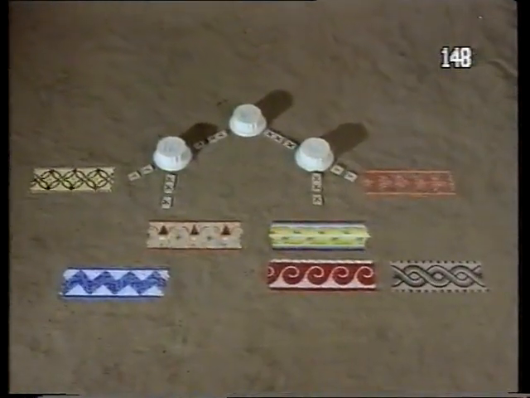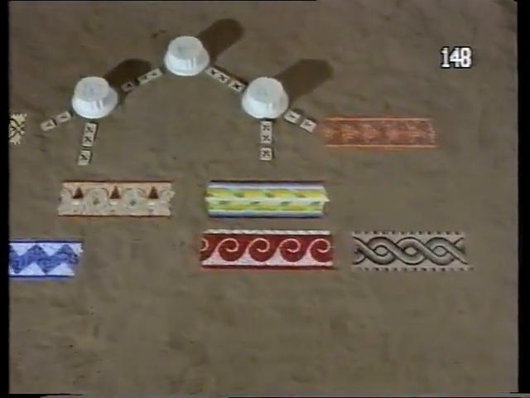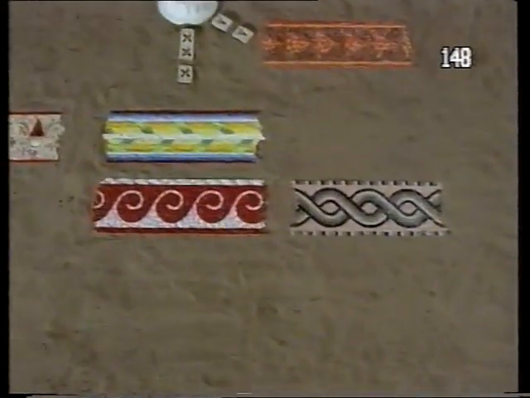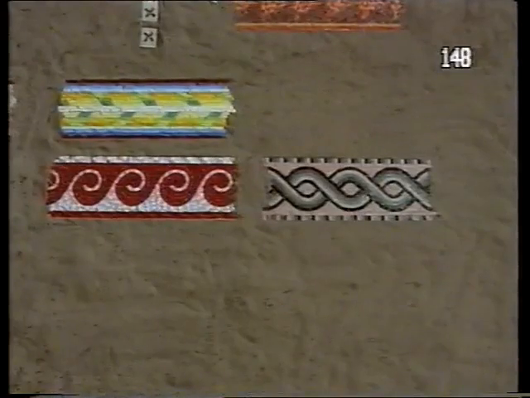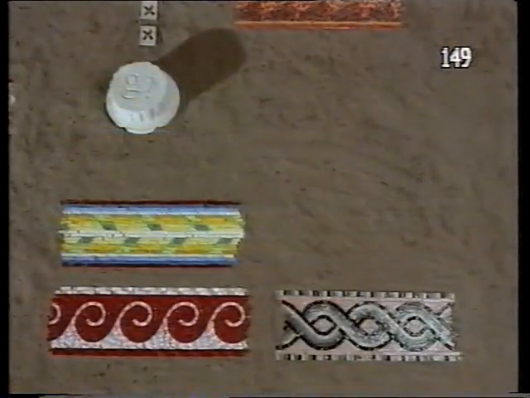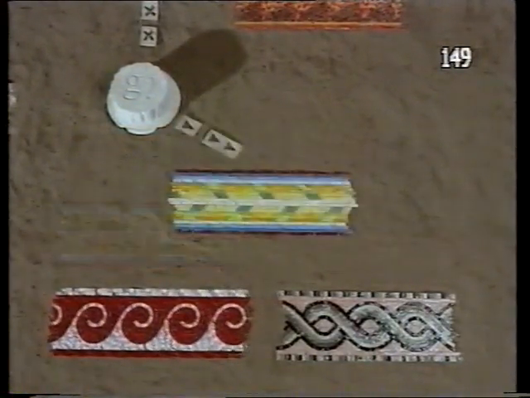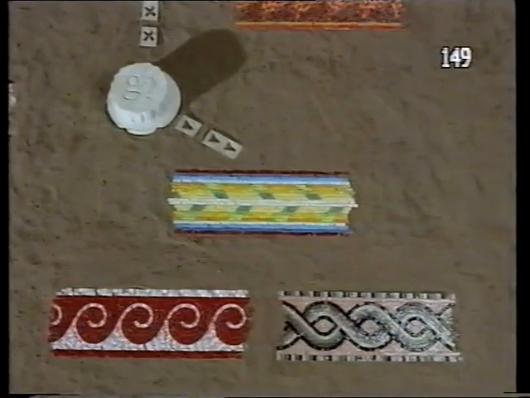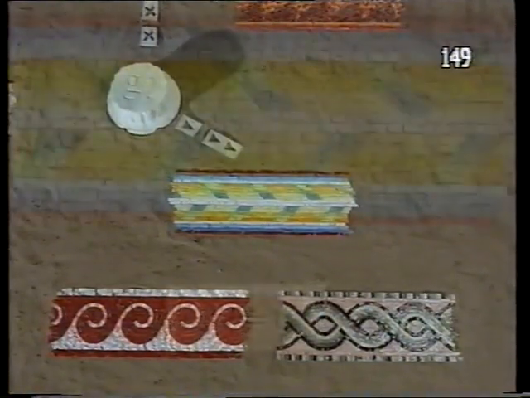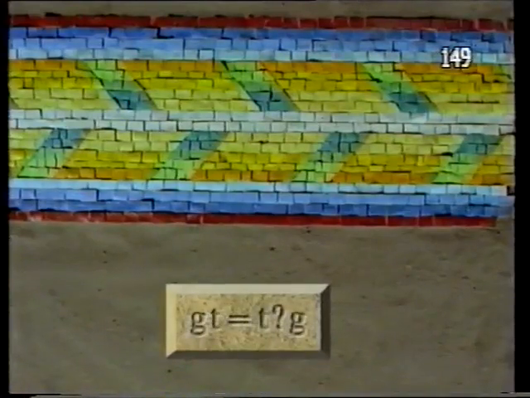What next? Let's look at the three friezes in this class, which have neither horizontal nor vertical reflections. Now we're going to look for glide reflections. Well, this frieze has a glide reflection as a symmetry. So its symmetry group has an element G with the relation G squared equals T. And again, we need to get the composite GT back into standard form.